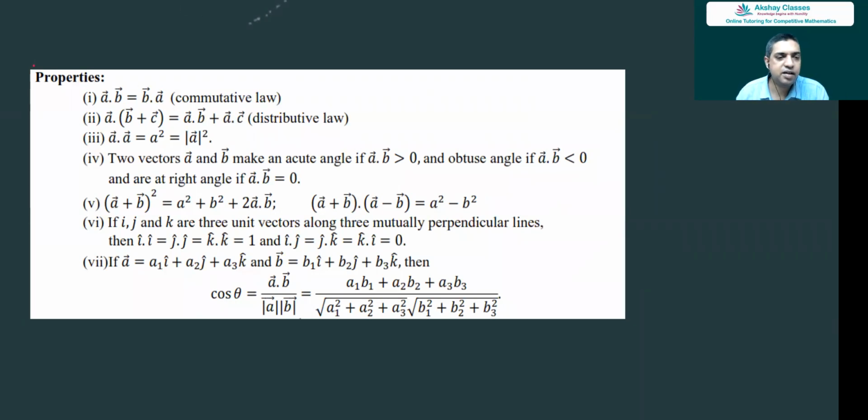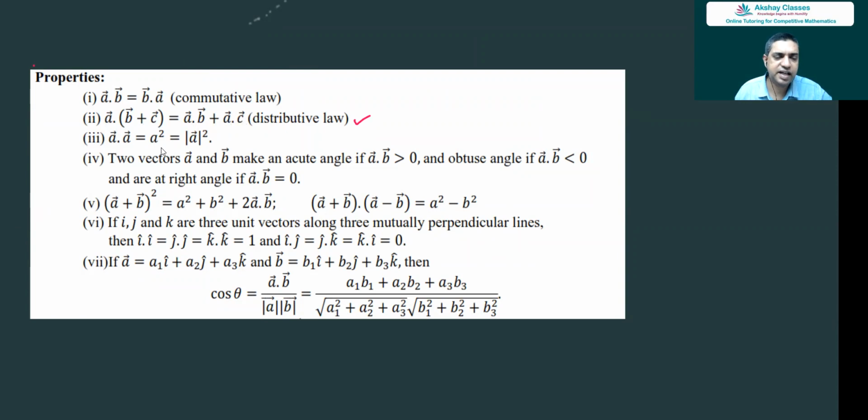So A dot B is equal to B dot A. It follows commutative law. And then vector dot product is distributive over addition. So distributive law works. A dot of B plus C is A dot B plus A dot C.